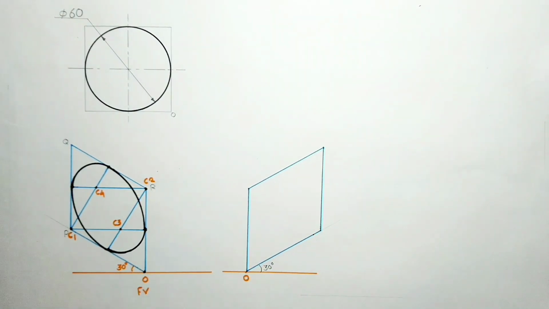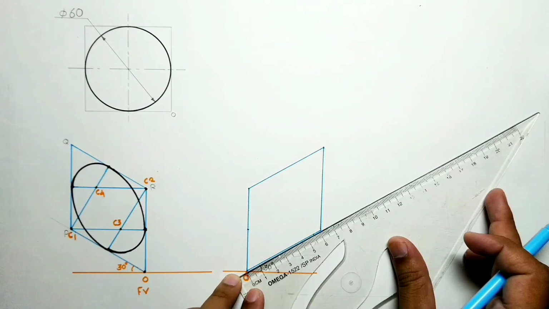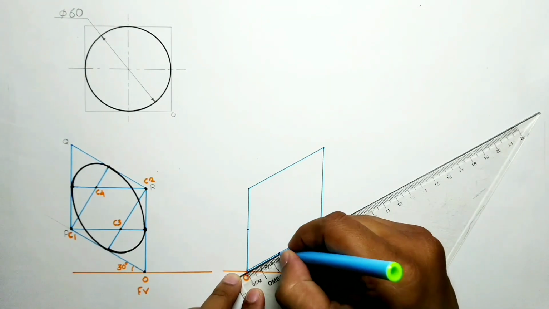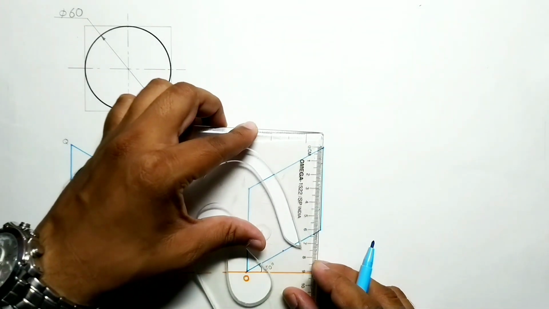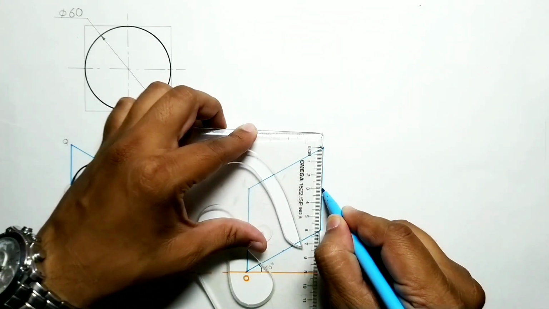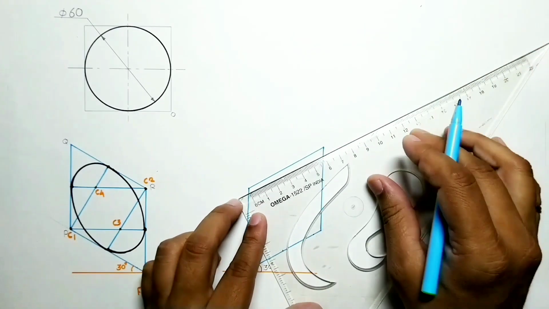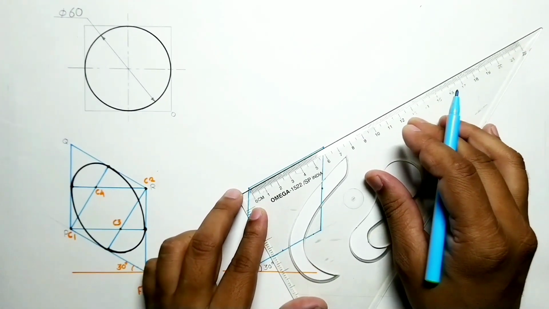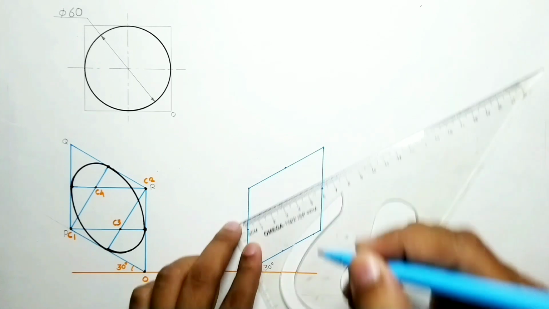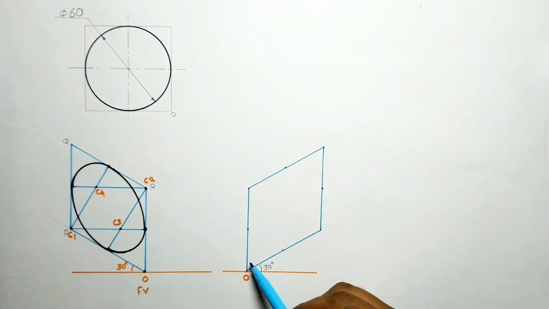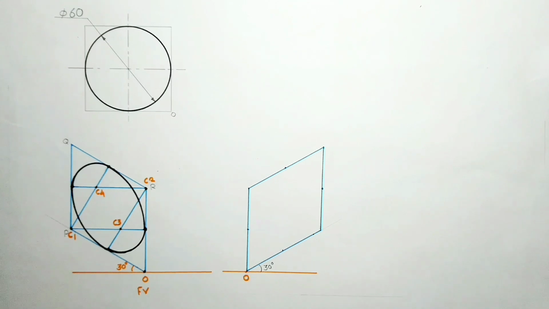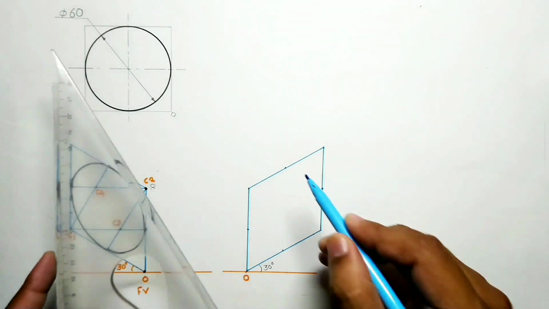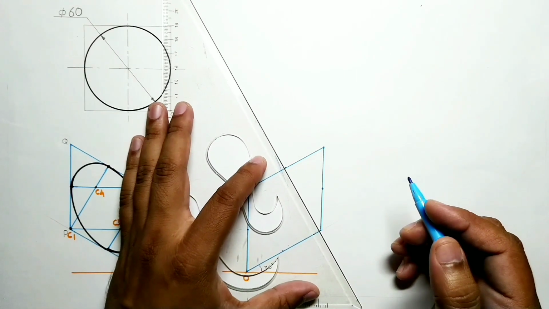Now here also we are going to follow the same process. So mark all the midpoints of those lines. Then there are two small angles and two large angles. So from the large angle, join the opposite side midpoints.